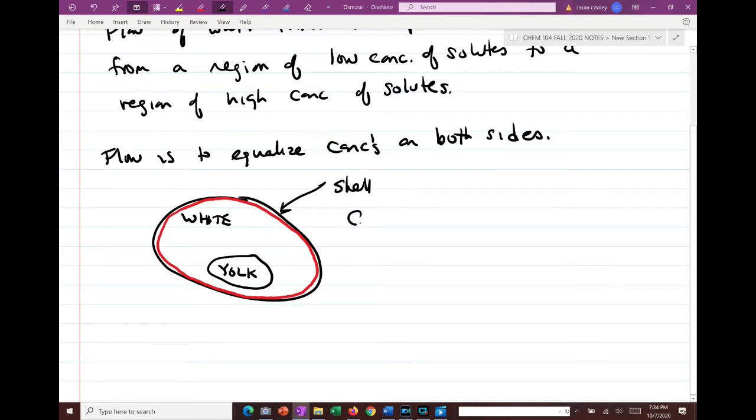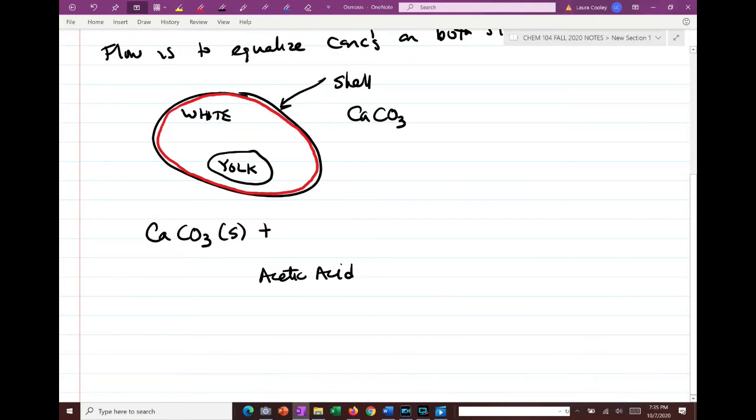And the shell is made of calcium carbonate. And calcium carbonate reacts with vinegar. And you know that the ingredient in vinegar is acetic acid. And acetic acid is CH3, C double bond O, OH.